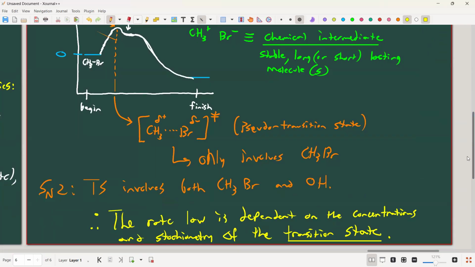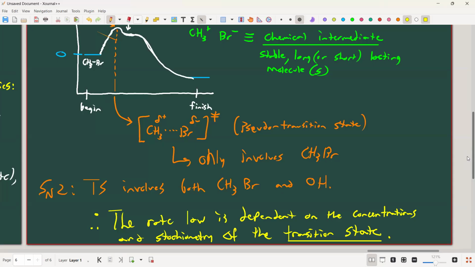Okay, so transition states are the critical piece of information to determine kinetics. That's really, really nice. We only have to determine the energy of one point to understand everything, as we'll see. But the problem is that the transition state doesn't exist. It's not a stable point in the energy curve. So you can never isolate it. You can never observe it either.